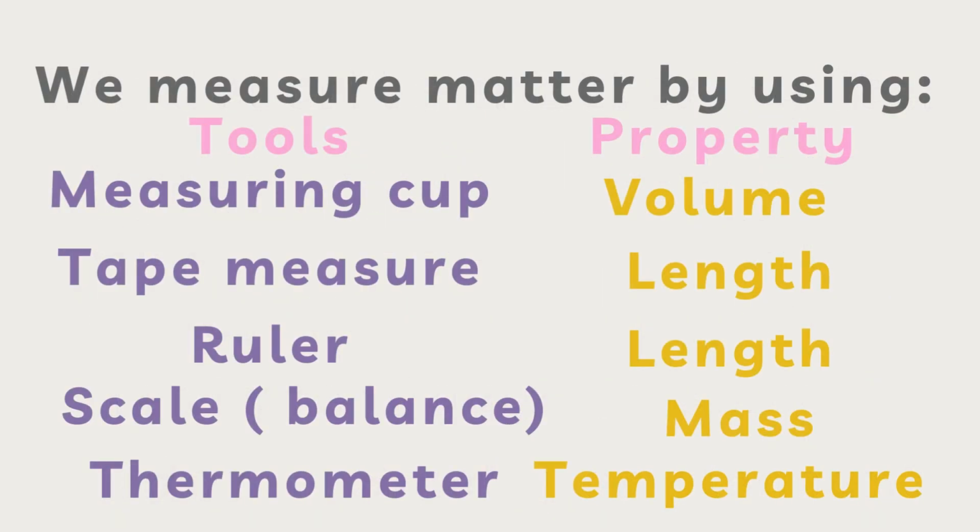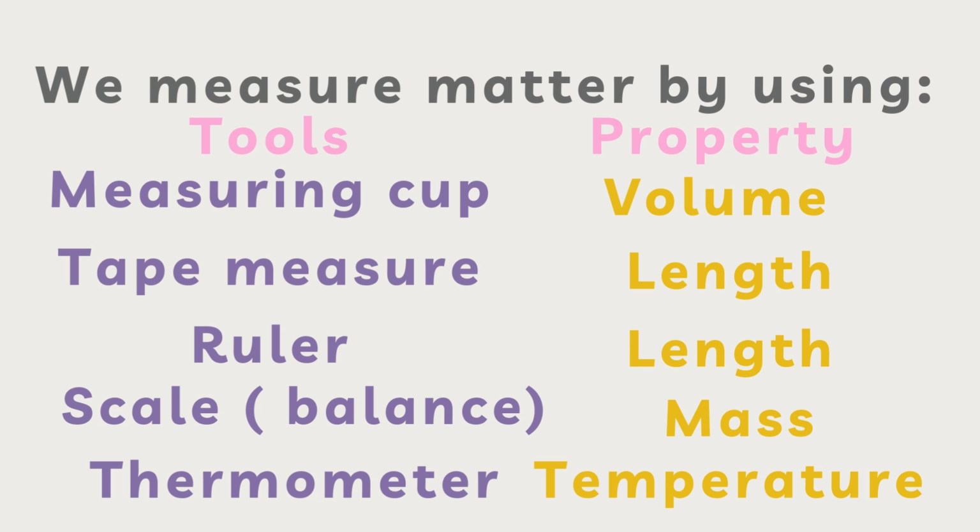And for measurement, we can measure matter by using some tools. Okay, as we have a measuring cup, this is a tool that measures the property which is volume. So volume is a property that is measured by using the tool which is a measuring cup. Also, we have a tape measure or measuring tape.